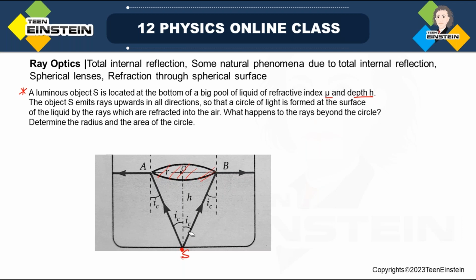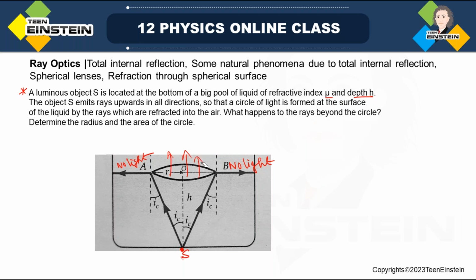If we think this is a point object, it actually sends light in all directions, and still we'll see only a circular patch on the surface of the water. In these places we will not see any light, no light here, no light here, as if light is coming out only through this circular patch.